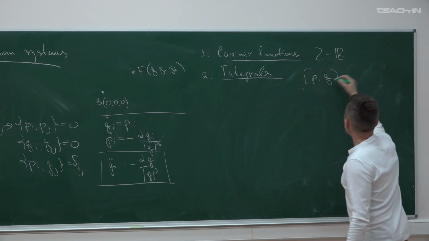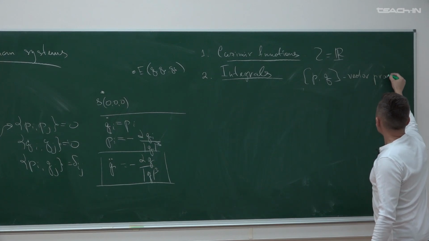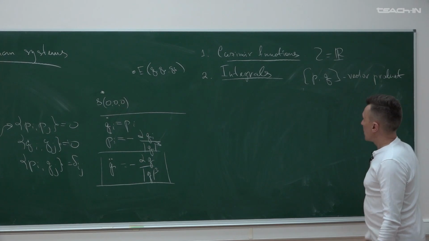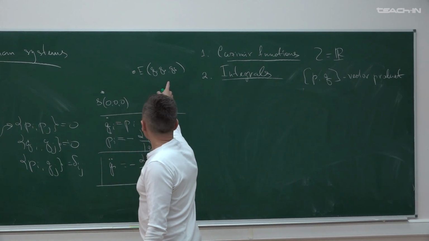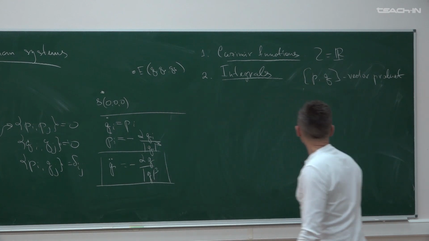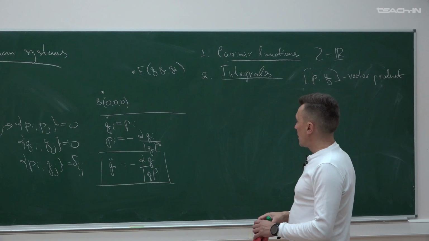It is the vector product of two vectors, of the vector of coordinates and the vector of momenta.